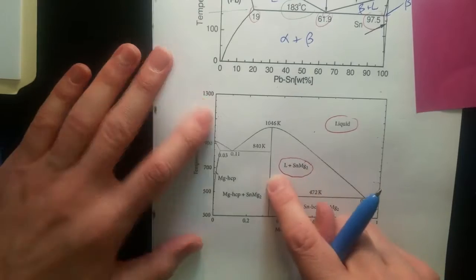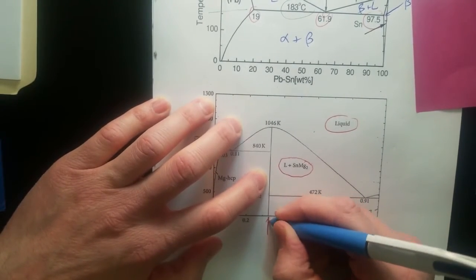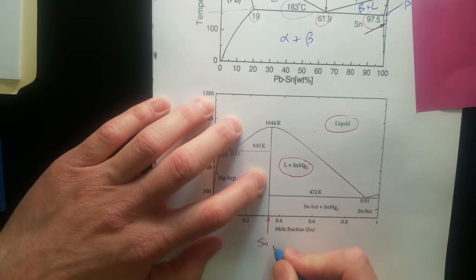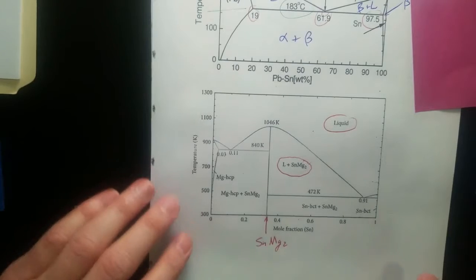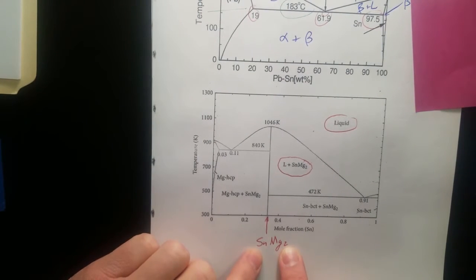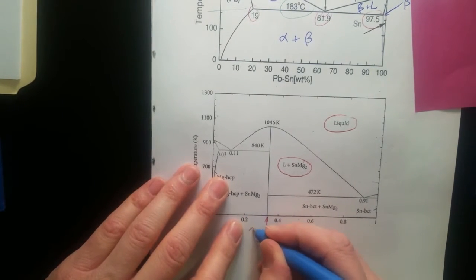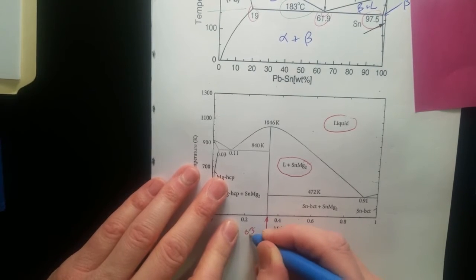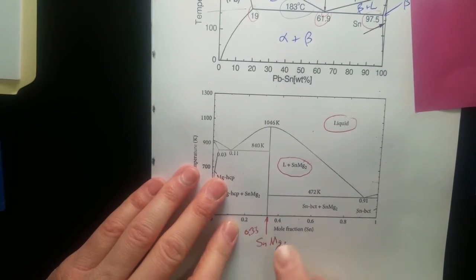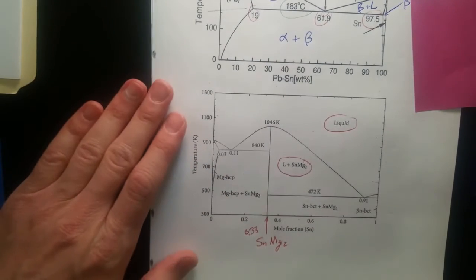And there's a two-phase region, which means that this line compound corresponds to SnMg2. You can see that also by saying, well, there's three atoms, and 1/3 is tin, so that's 0.33. So those correspond to each other.